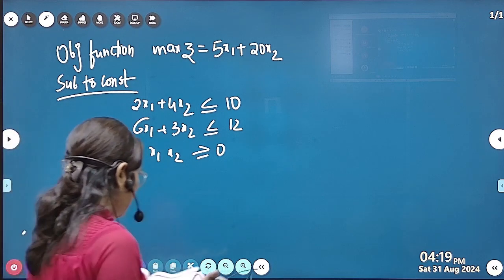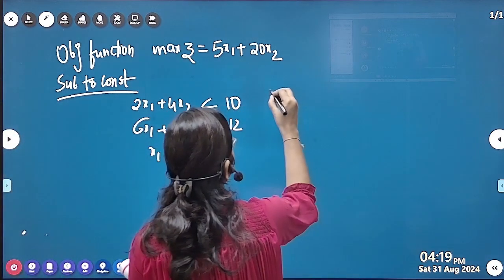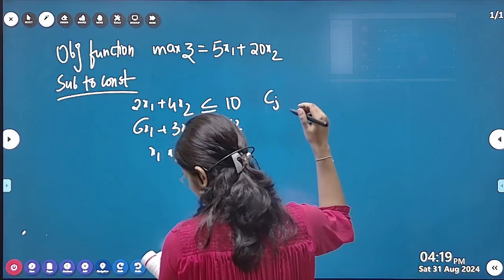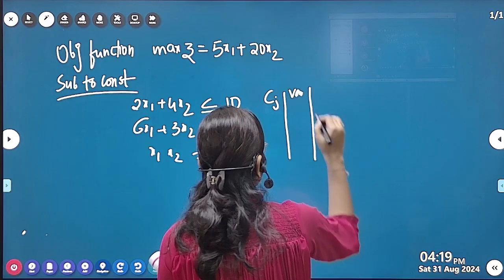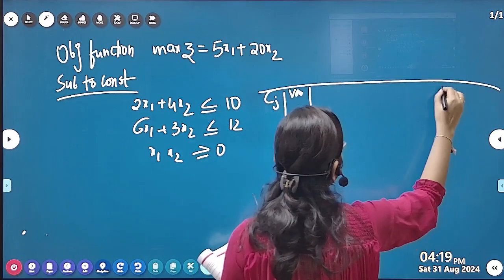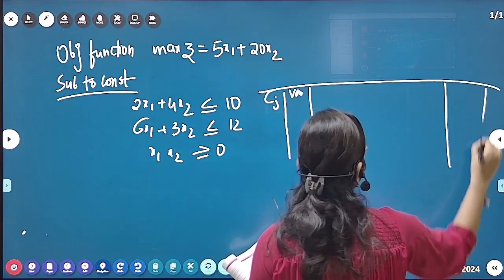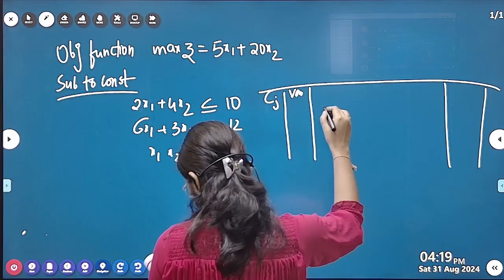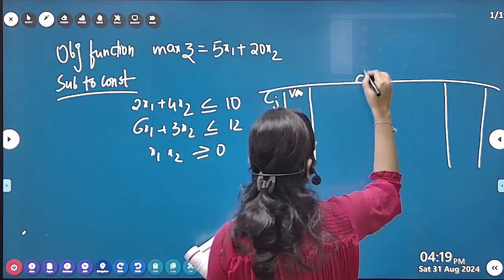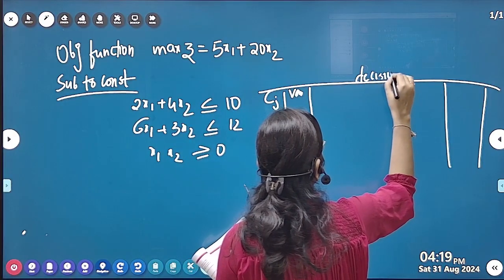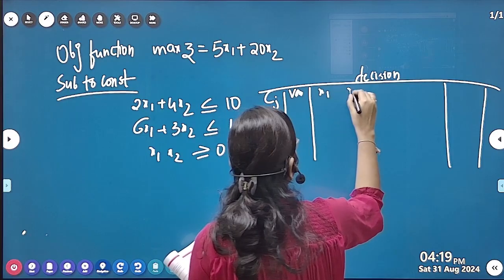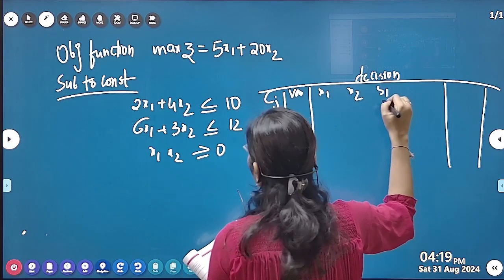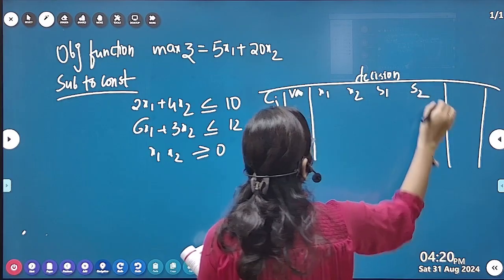Okay. So tell me the chart. Cj values. Okay. And these are the slack variables. I'm writing a little bit. Okay. This is the ratio. And here are the decision variables. So what are the decision variables? x1, x2, s1, s2.